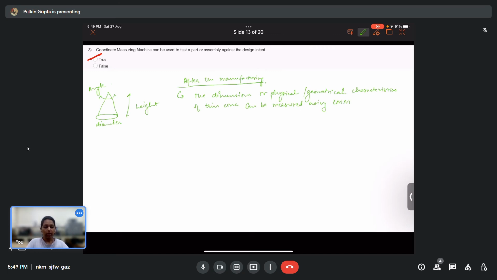And now, depending on the results, they can be verified with the original or initial CAD. The original or initial CAD is the one that was used to develop this cone. So you can say that this coordinate measuring machine has been used to test a part or an assembly against the design intent.